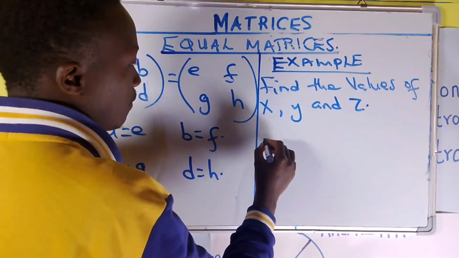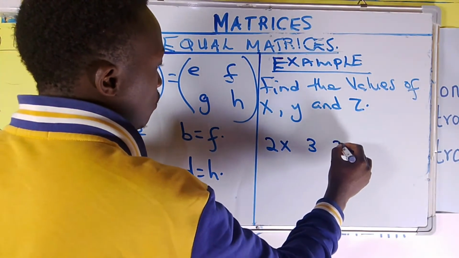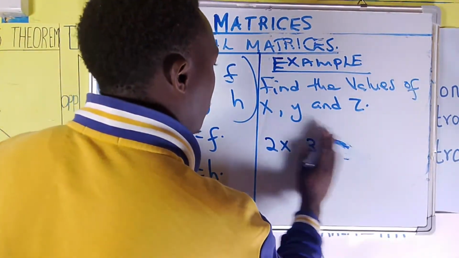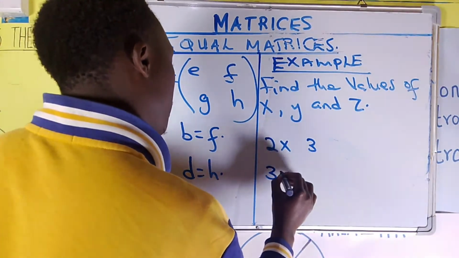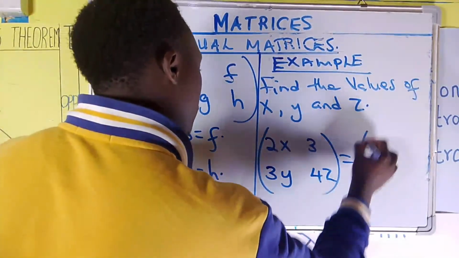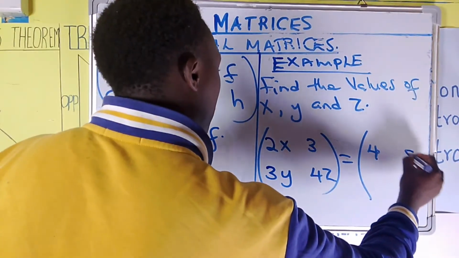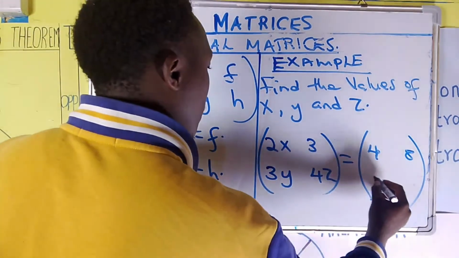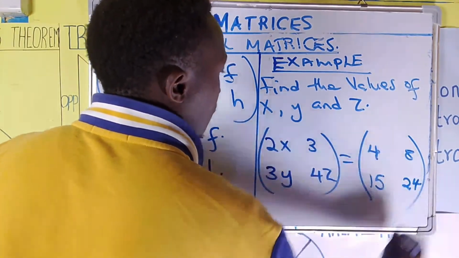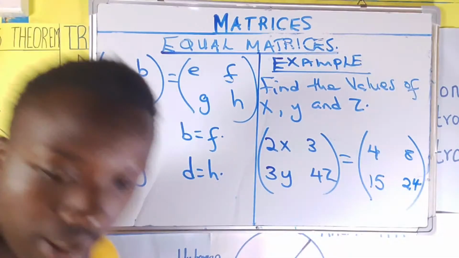So we have the matrix 2x, 3, 3y, 4z is equal to 4, 8, 15, and 24.